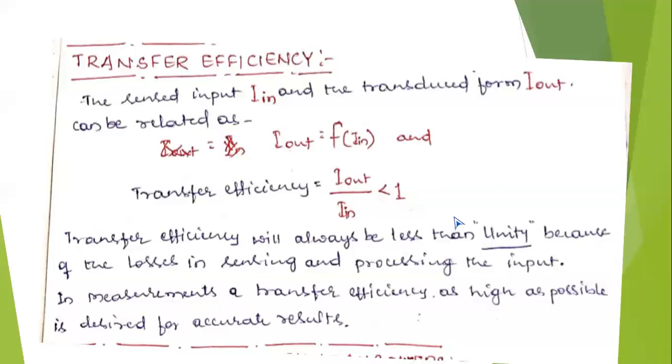All of you remember, the transfer efficiency of any measuring instrument, machine tool, motor or pump is always less than unity. That is, you have an efficiency of 60% or 80% or 90%.